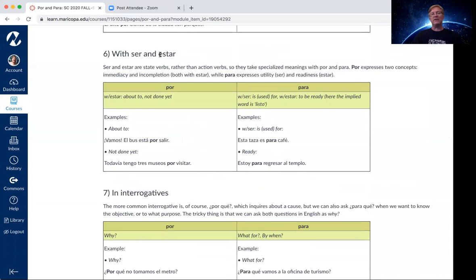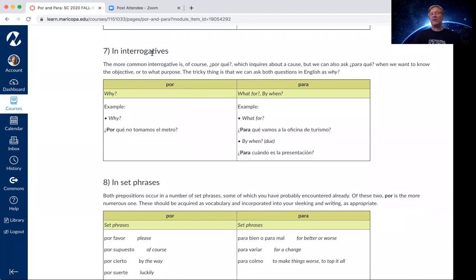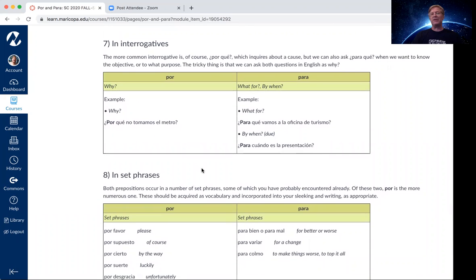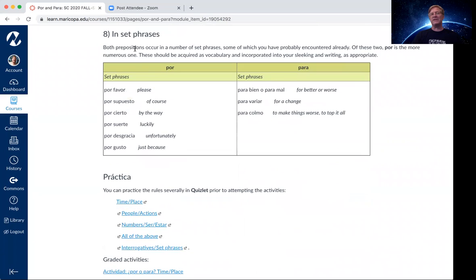We also look at por en para with ser and estar. You can read through those to get those rules. Por en para with interrogatives. These are usually set interrogatives. ¿Por qué versus para qué, para cuándo, and with some set phrases. Of course, there are many, many set phrases with por. Por is the much more numerous one. There are a few with para as well. So you can study these.